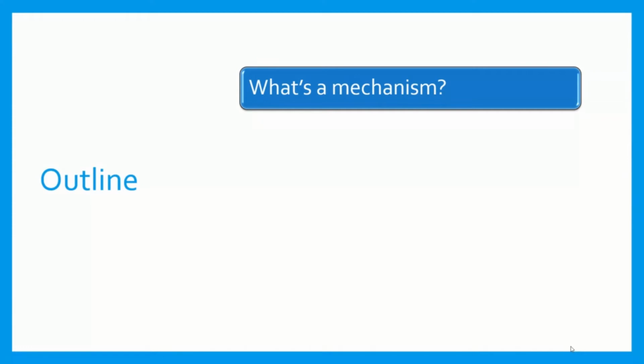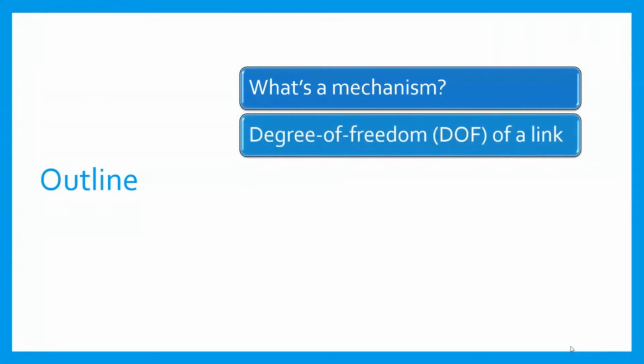So first, I'm going to recall briefly what's a mechanism. Then, mobility is the degree of freedom of the whole mechanism. But to be able to calculate the degree of freedom of the whole mechanism, we need first to understand what is the degree of freedom of one link.